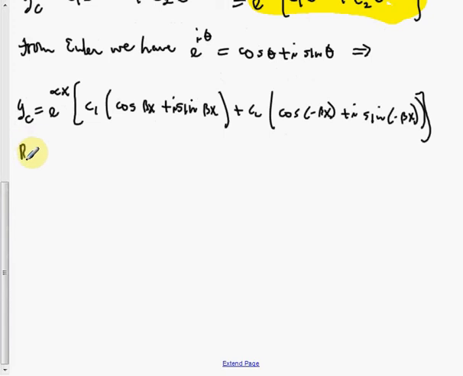Now, recall that cosine of negative x is equal to cosine x, and sine of negative x is equal to negative sine x.